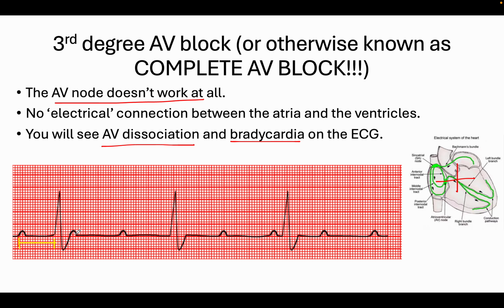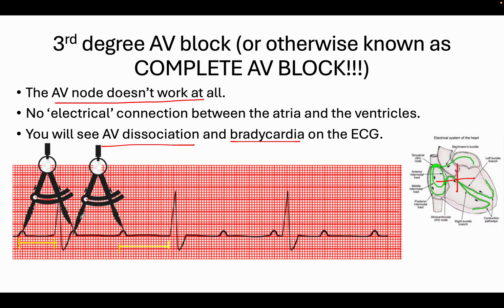But when you start to look at the other P waves, you can see a missing QRS there, a missing QRS there, and you could argue, okay, maybe that's some 2-to-1 AV nodal block. And then you see this QRS kind of on its own, and you could argue, oh, that's just a really long PR interval.